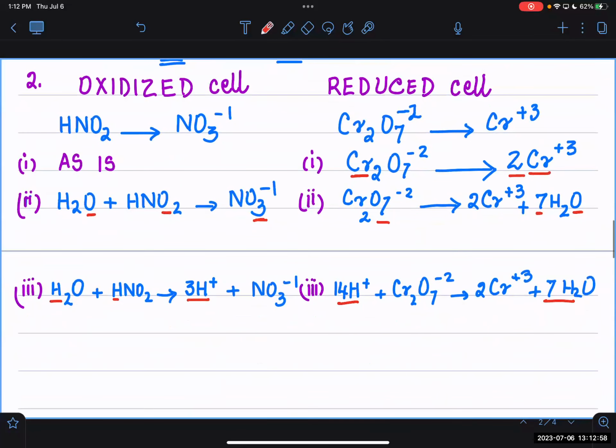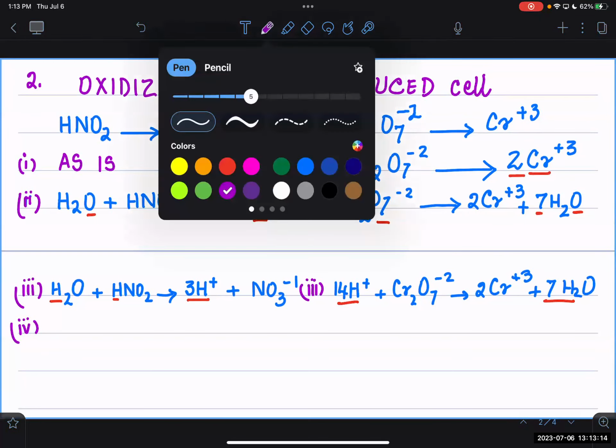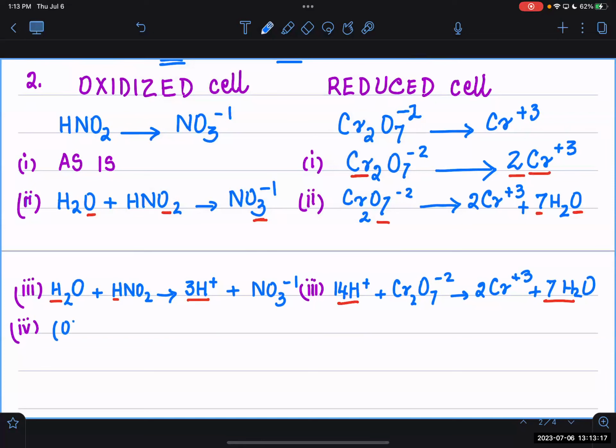All right, now what is the next step? Balance the charges. Okay, so let's look at the charges on both the sides. Here you see the charges. Water, what is the charge on water? 0. Very good. So this is neutral, 0.